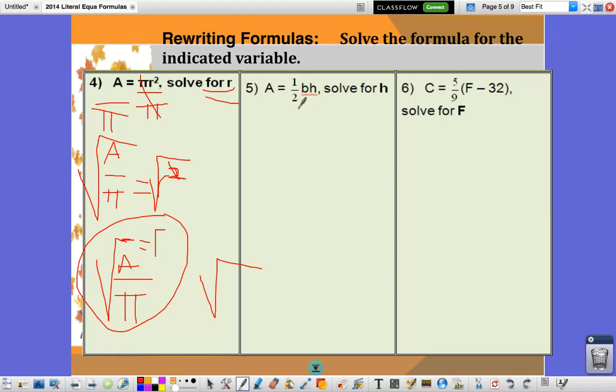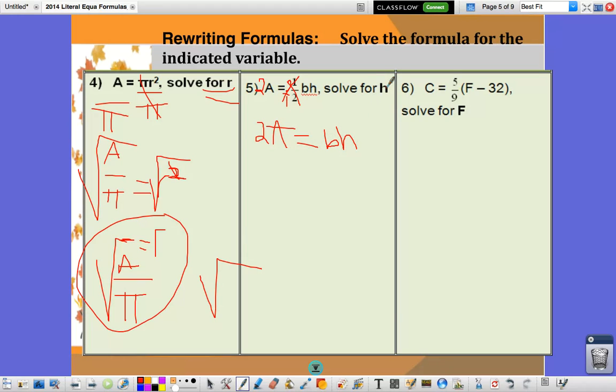So let's do the opposite of 1/2, which is 2 over 1. See how I flipped it? So that cancels itself out, and then I write 2 over 1 here, but 2 over 1 is just 2 anyway. So now we have 2a equals bh.